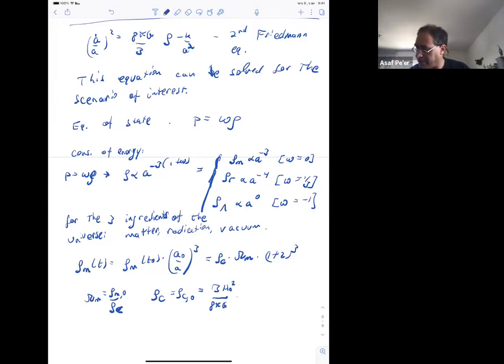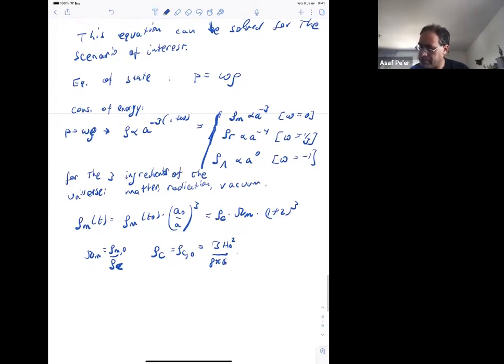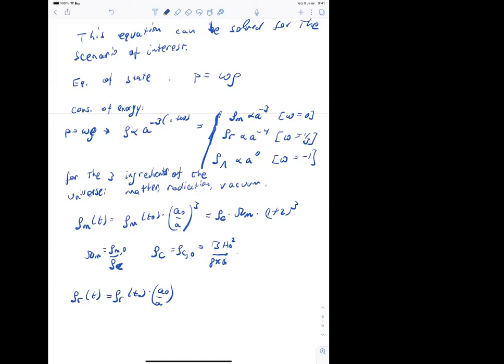Now we can do the same for the other ingredients. So this is for the matter, but we also have the radiation. Rho radiation as a function of time is rho radiation today times a0 over a to the power of... what power will be here? It's the power of 4, of course. Thank you.